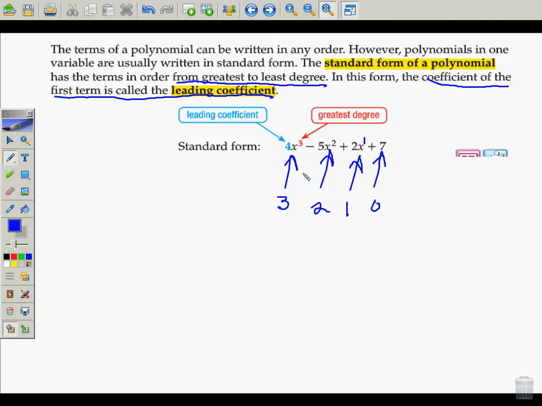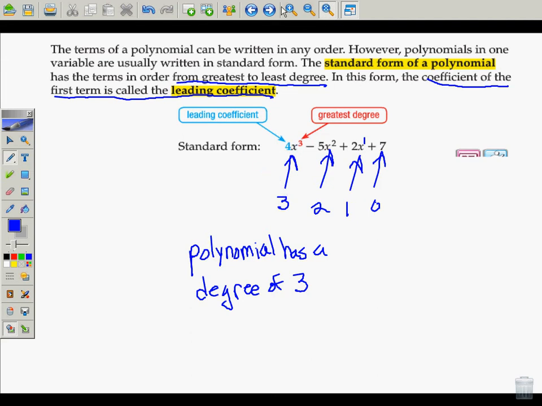Greatest degree is 3, so we could say the degree of this whole polynomial is 3. And then the leading coefficient would be 4, because the coefficient of the first term is 4. That's the coefficient out in front.